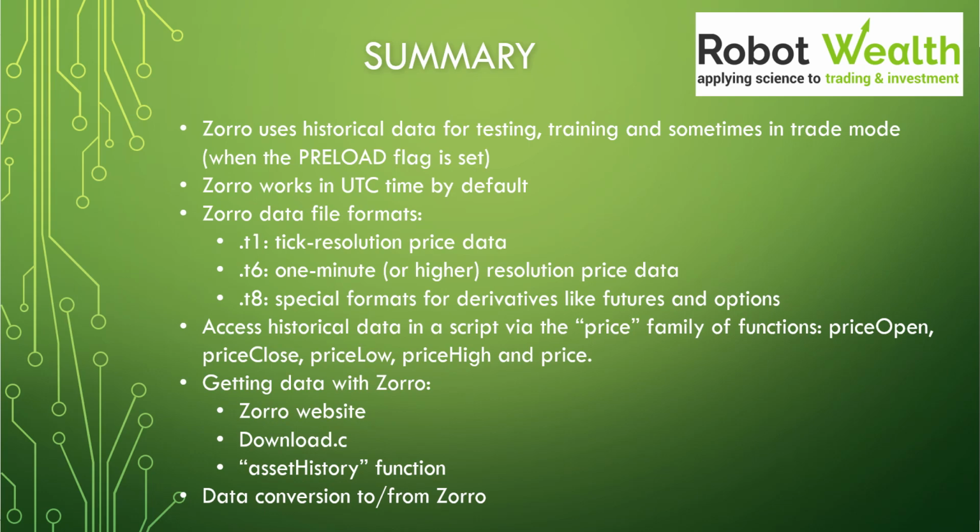Also, that Zorro converts the timestamps of historical data to UTC time by default, and expects that its own history files contain data aligned to this time zone. Also, that Zorro stores data in its own T1, T6, and T8 formats. T1 is for tick resolution data, T6 is for 1 minute or higher resolution data, and T8 is for futures and options.